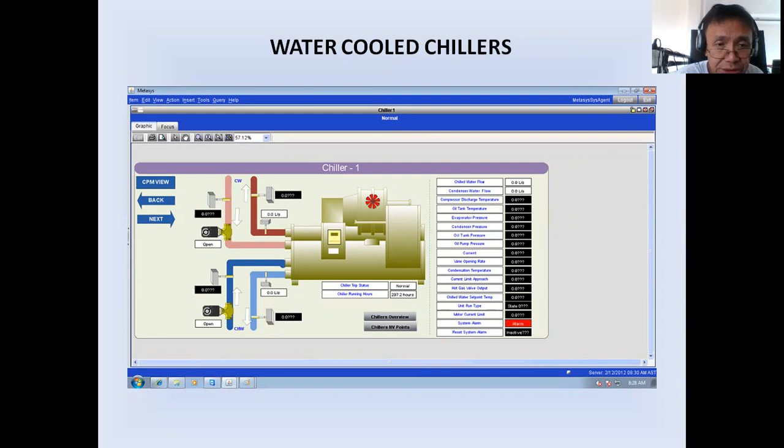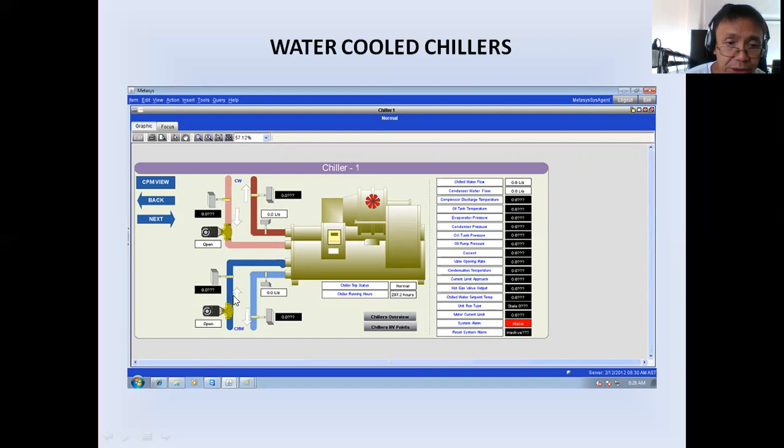Okay, so what are the field devices? Actually, the field devices are the flow meter. Okay, flow meter for the condenser water and flow meter for the chilled water. Then the temperature. Okay, so temperature, then the butterfly valve. We have butterfly valve here. Okay, one in the condenser side and one in the evaporator side.